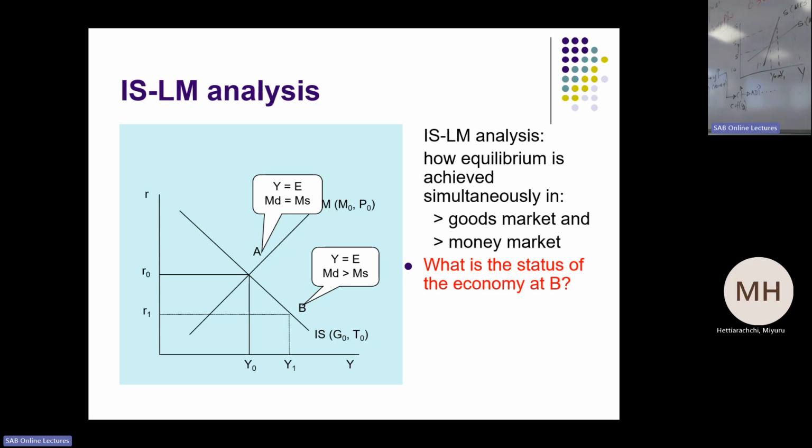So at point B, the demand is greater than the supply. Okay. Likewise, you can see any other points.